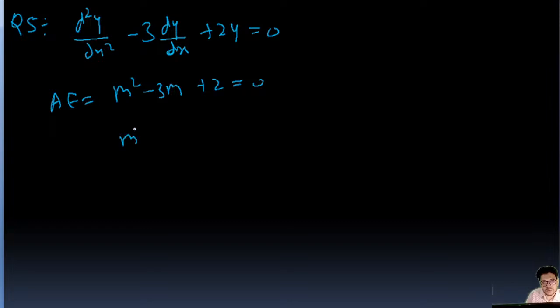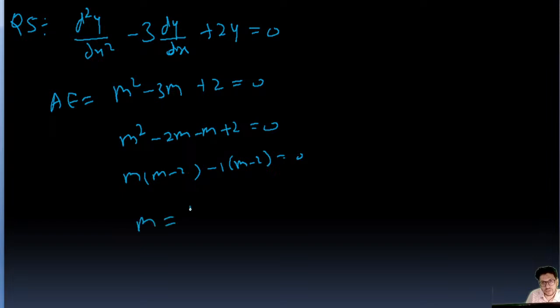So this is m square minus 2m minus m plus 2 equal to 0. So m common, m minus 2, minus 1 common, m minus 2 equal to 0. So the values of m are going to be 1 and 2. These are real numbers and both are not equal, right?